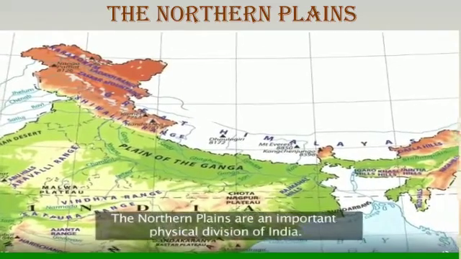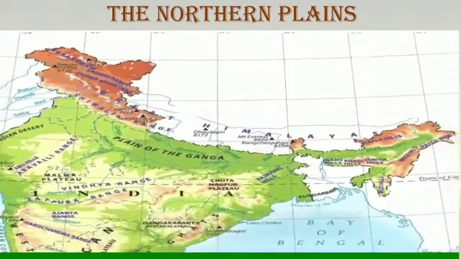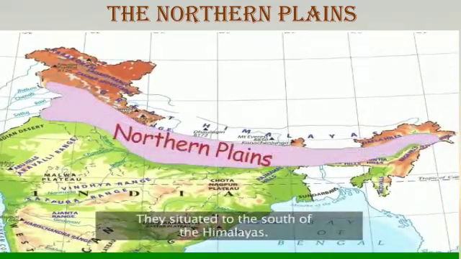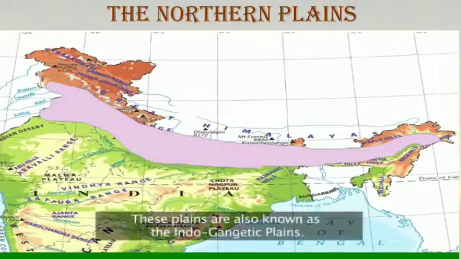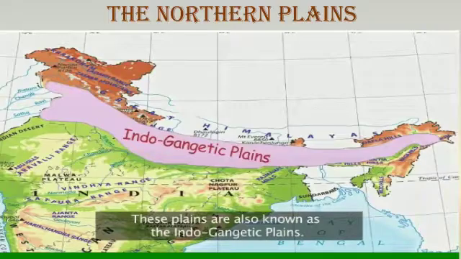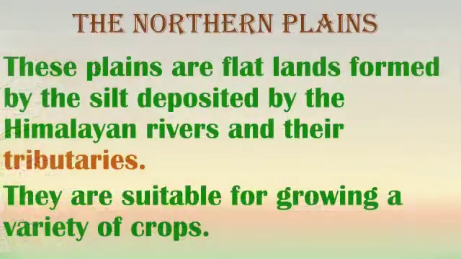The northern plains are an important physical division of India. They are situated to the south of the Himalayas. These plains are also known as the Indo-Gangetic Plains. These plains are flatlands formed by the silt deposited by the Himalayan rivers and their tributaries.